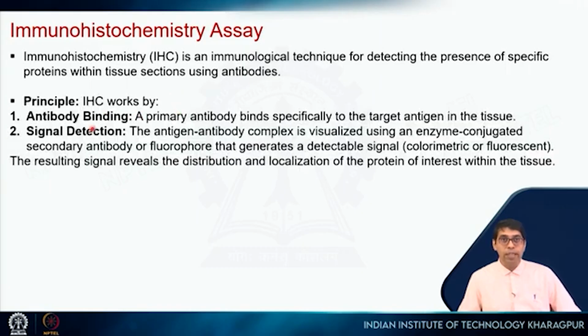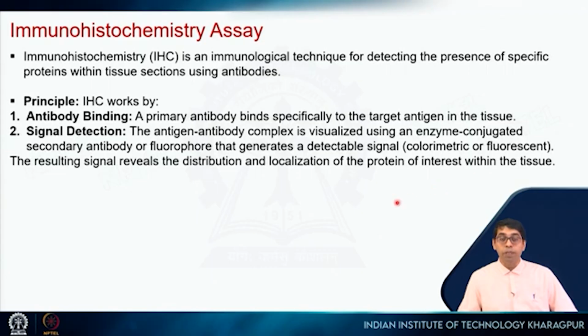The principle is, again, a primary antibody binds specifically to a target antigen inside the tissue. The antigen-antibody complex is visualized using an enzyme-conjugated secondary antibody or a fluorophore that generates a detectable signal, right? So your detection can be colorimetric or it can be a fluorescent signal. The resultant signal reveals the distribution and localization of the protein of interest within the tissue.